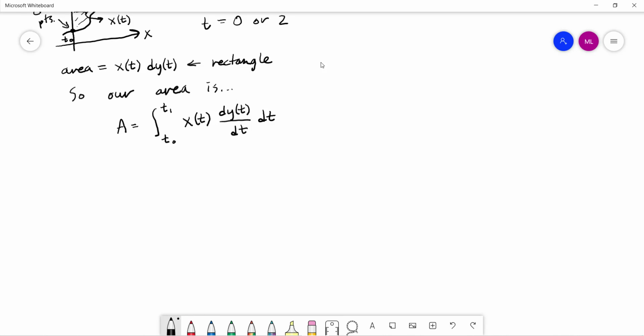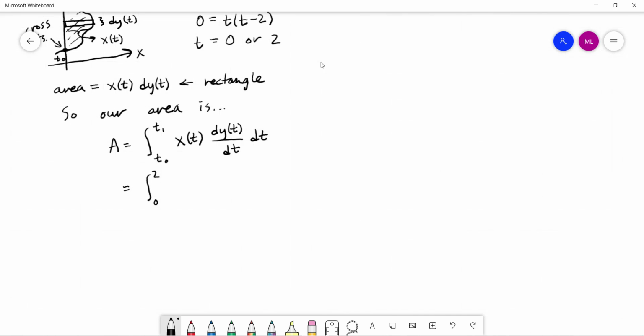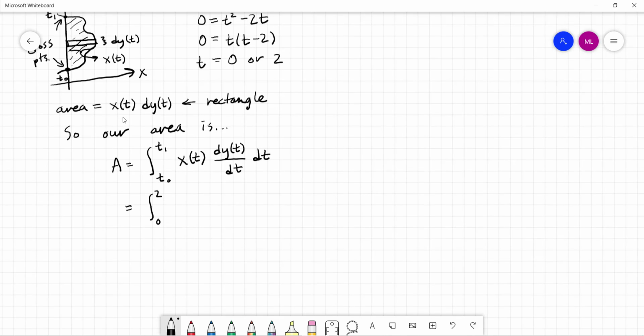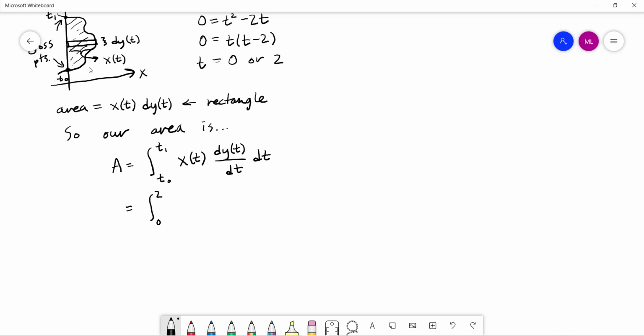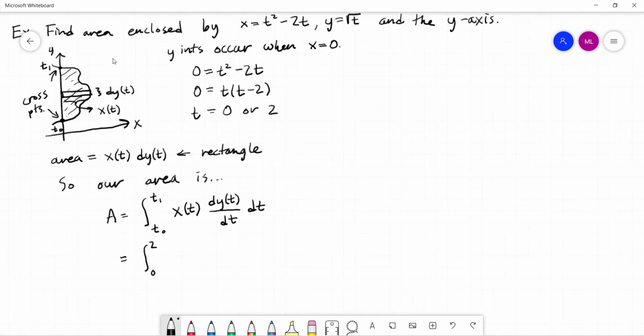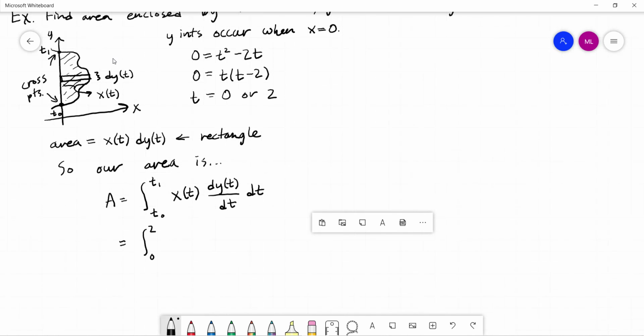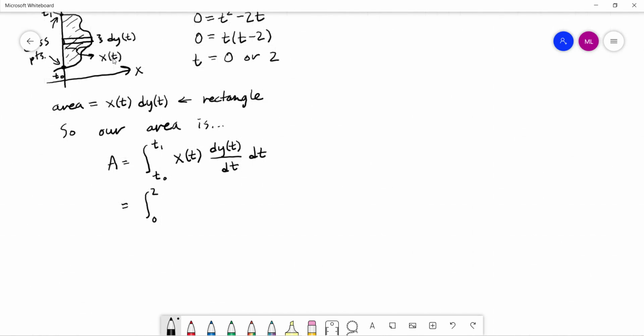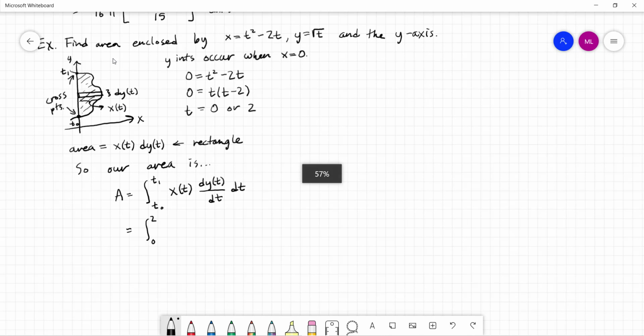For us, we just found the starting and ending times as being 0 and 2, assuming we're going from here up to there, so that y goes in the positive direction. I need my x of t formula. Let's get this all on the page at once so I can see everything I need.